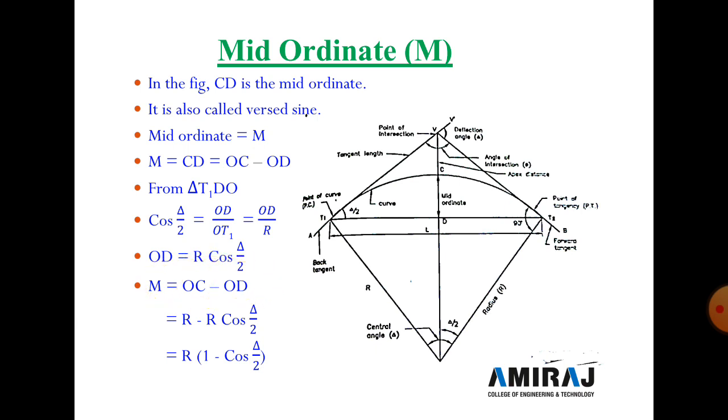OC is already known, the radius R, and OD we calculated as R cos delta by 2. So write it here. In both the values R is common. So R times (1 minus cos delta by 2) is the mid ordinate equation.